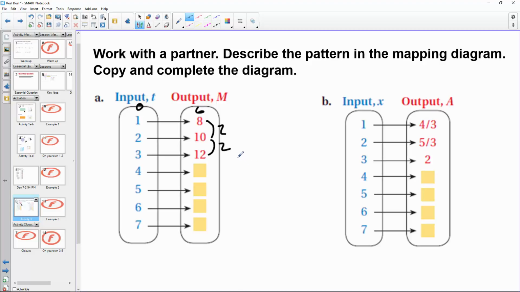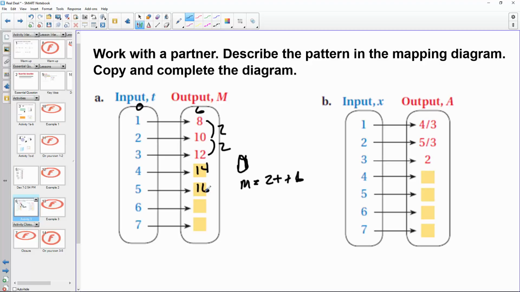So perhaps this equation would be y, or in this case m, equals 2t plus 6. Let's just see if that works. So 1 times 2 is 2, plus 6 is 8. 2 times 2 is 4, plus 6 is 10. 3 times 2 is 6, plus 6 is 12. 4 times 2 is 8, plus 6 is 14, and so on.